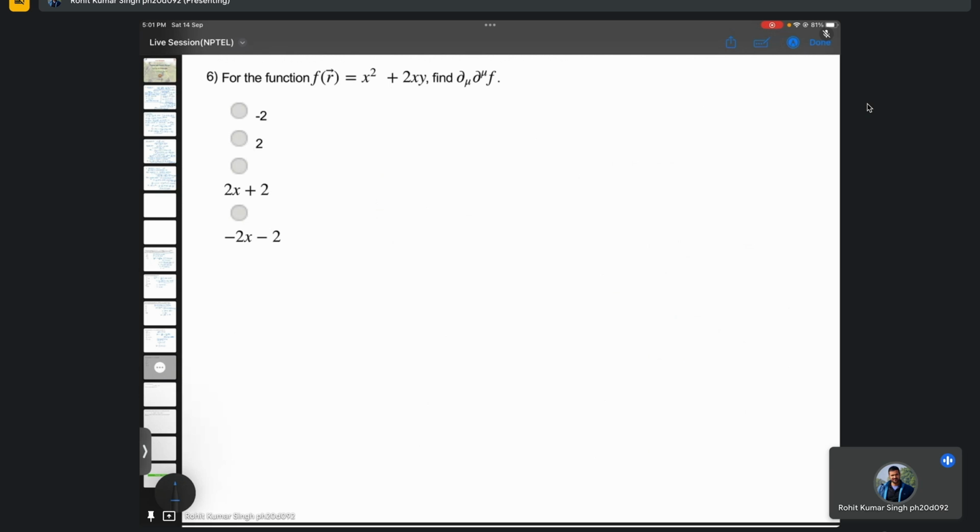Now we have to find the D'Alembert of a function, right? So again we can do it in the same way. So let's first take the derivative.